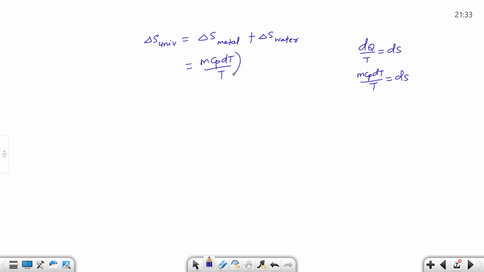This is for the metal block. Similarly, mCp dT by T for water.